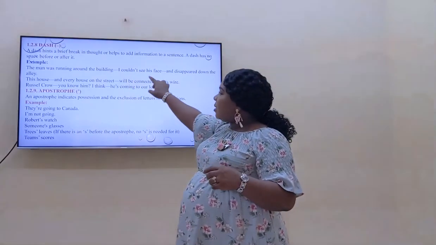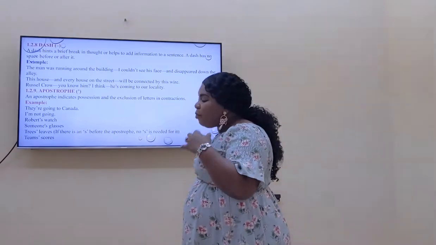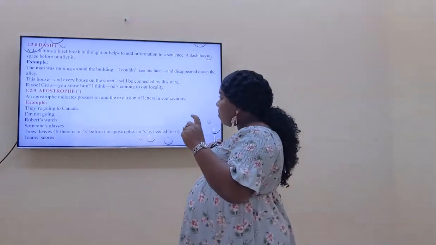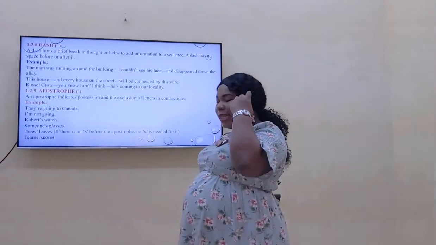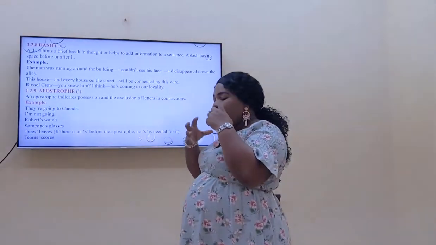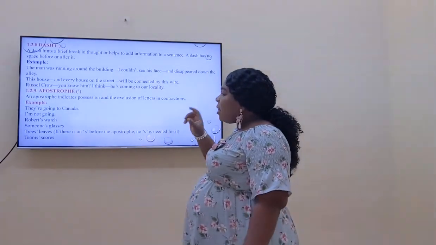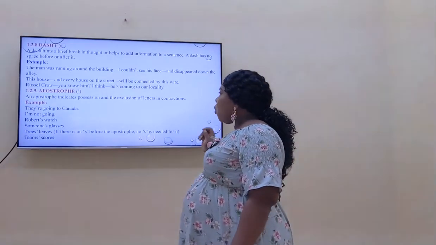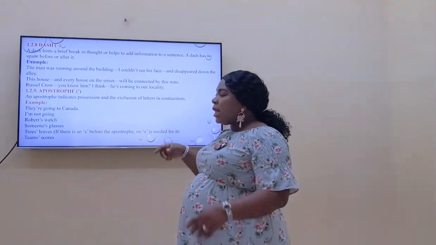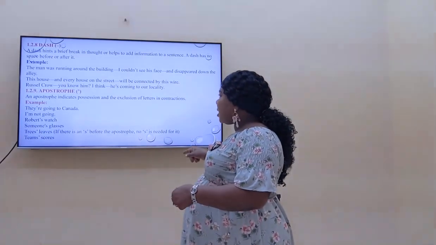Right? So these dashes are connecting and helping you to have a brief break in your thoughts. Remember, in your thoughts, what helps to add information to a sentence. So it's in your thoughts, right? You're more like trying to express your thoughts or give more information to your sentence. This house, dash, and every house on the street, dash, will be connected by this wire. This house, all right, and every house on the street will be connected by this wire.